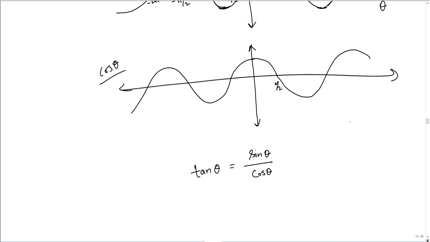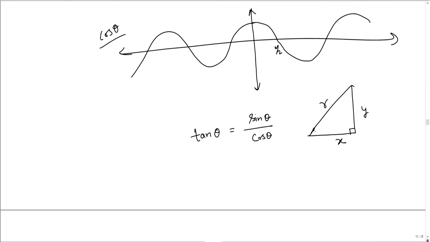In a right angle triangle, this is how you can visualize the function tan theta. Let's say this is r, this is x, and this is y, and this is the angle theta. This is the right angle triangle.